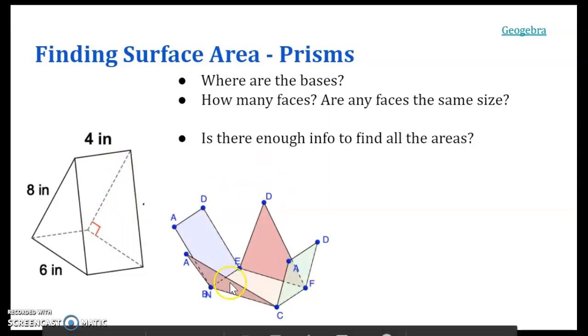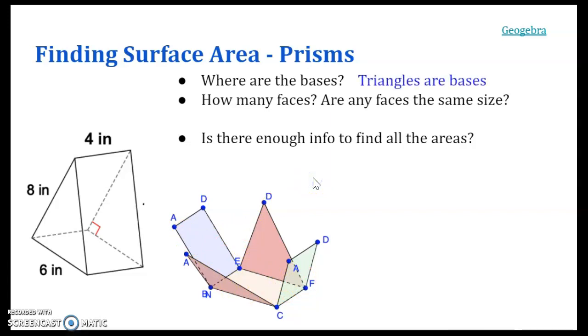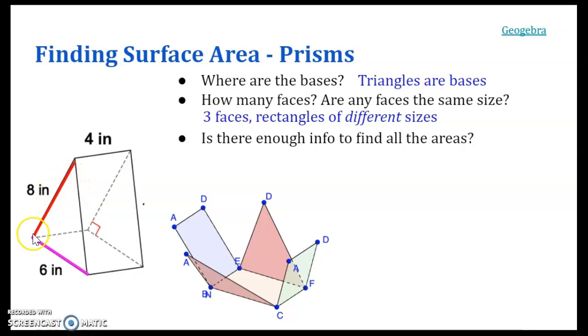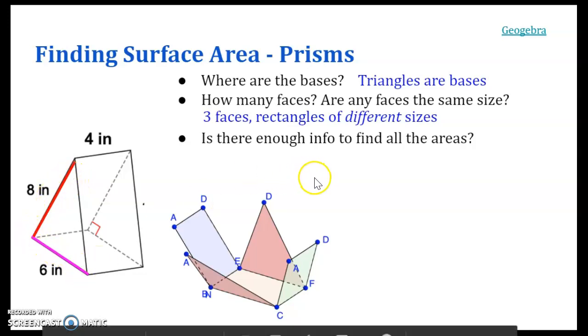So how many faces? We have a base, this will be a base, and this will be a base. We have 3 faces on the side. Is there enough info to find the areas? Well, I believe so. Okay, so 3 faces, and the rectangles are of different sizes. If we look at those 2 sides, that's the height of the triangle, and that's the base.